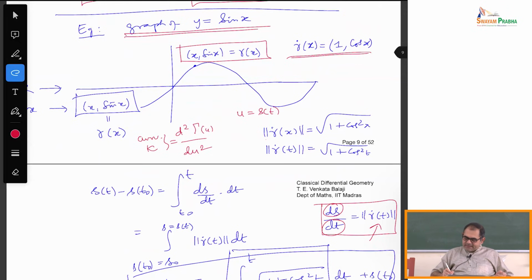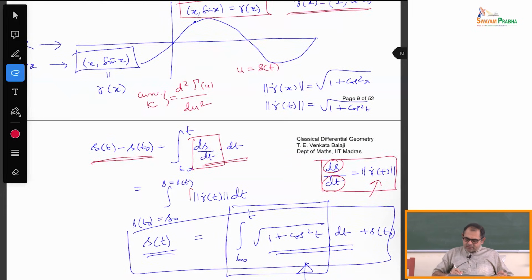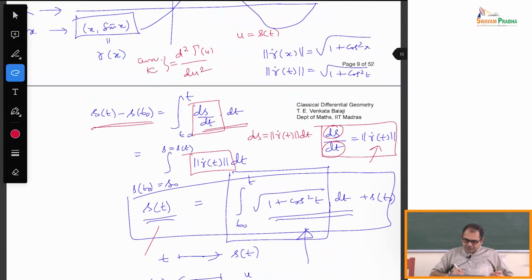So basically ds is norm gamma dot dt, and if you want s, you integrate from t naught to t, replacing ds by dt with norm gamma dot of t. Of course, in a differential way, you can write ds is equal to norm gamma dot of t dt. And you integrate it, then you get s.